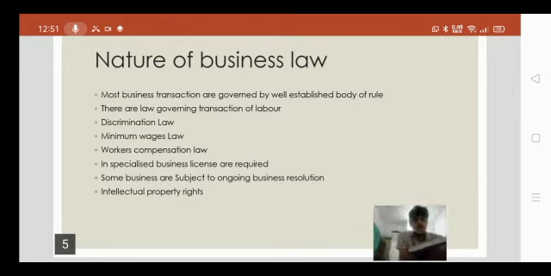If there is any discrimination, that is covered. There is also the minimum wages law: whether the employee is getting the minimum wage and minimum compensation. Specialized businesses require a license. Businesses are also subject to ongoing business regulations, and intellectual property rights are covered here as well.